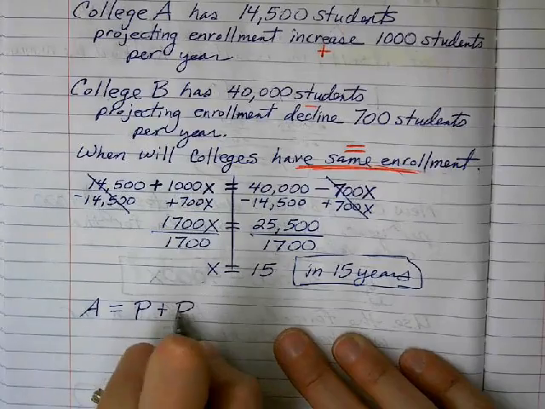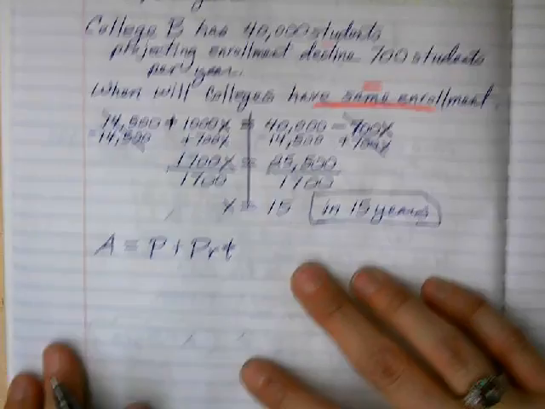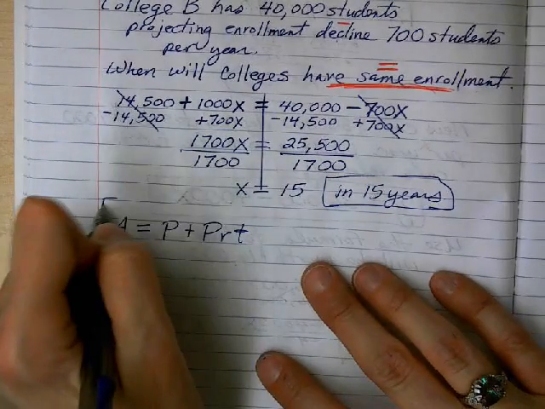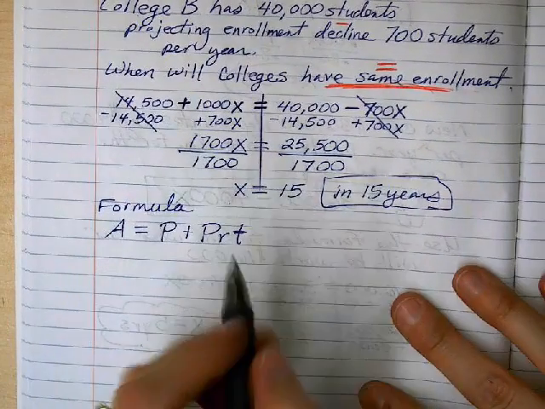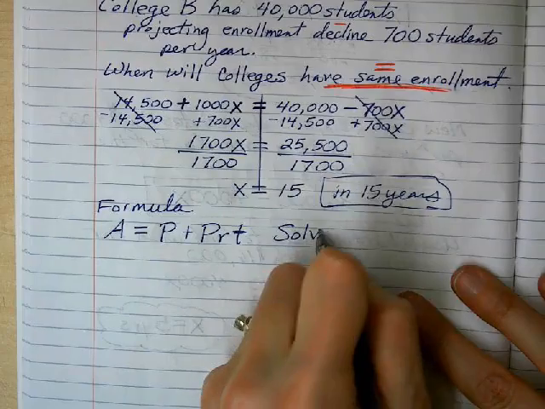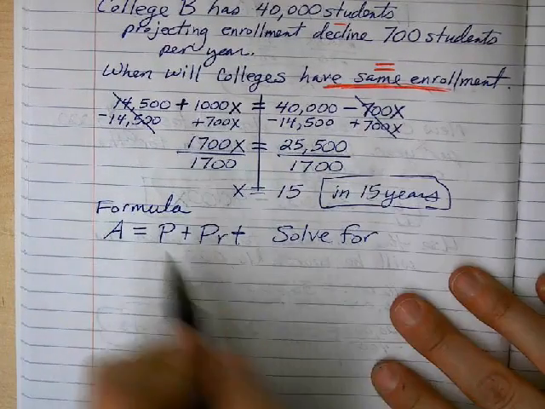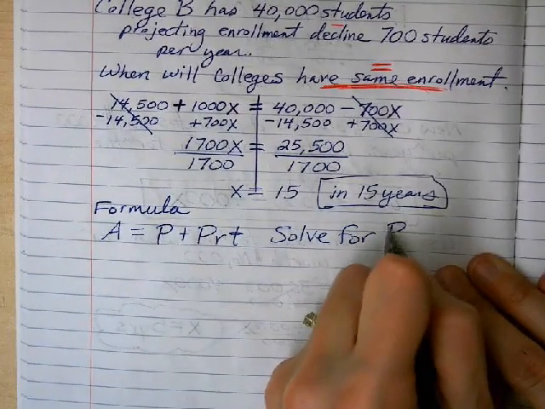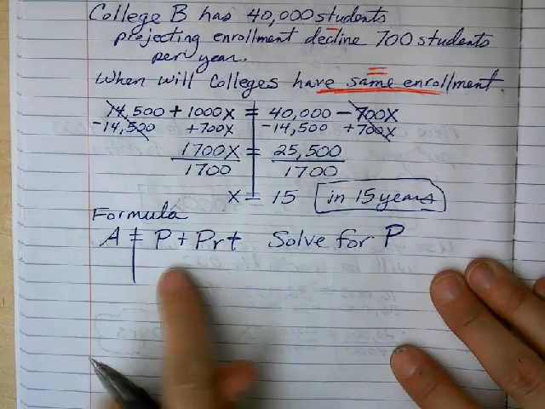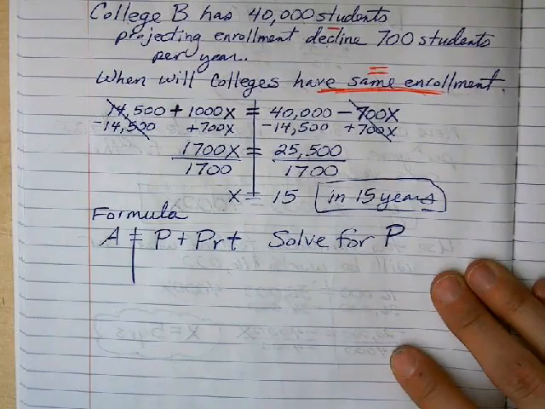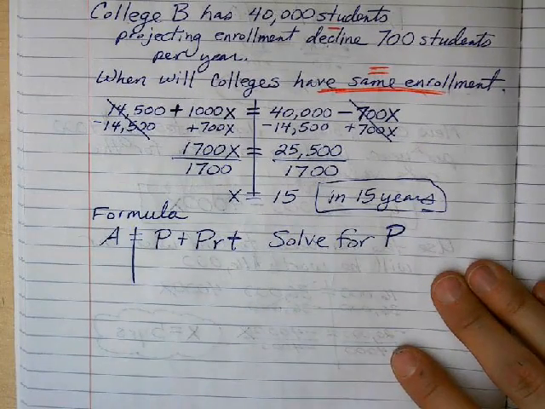What if I gave you a formula and you have to solve a formula for a certain letter? Like, solve this formula for P. Because right now it says A equals P plus PRT. Solve for P. How do you solve for P?